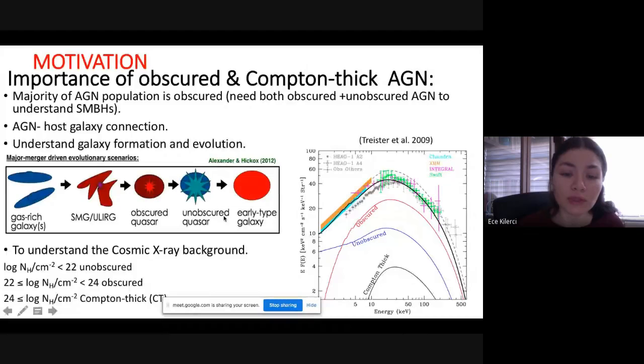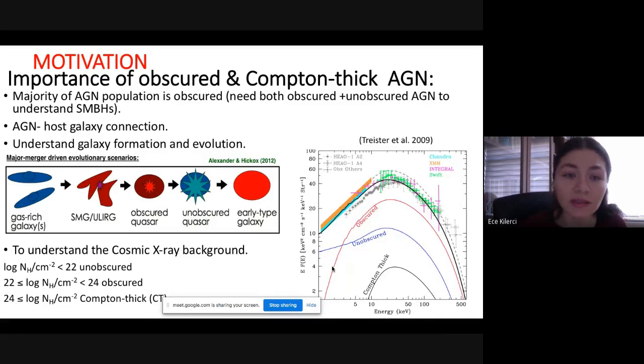Based on the X-ray obscuration measured by the hydrogen column density, we classify these systems as unobscured, obscured, and Compton-thick AGN. These galaxies are important for our understanding of AGN, galaxy formation and evolution, and the accretion history of the black holes seen from the X-ray background radiation.